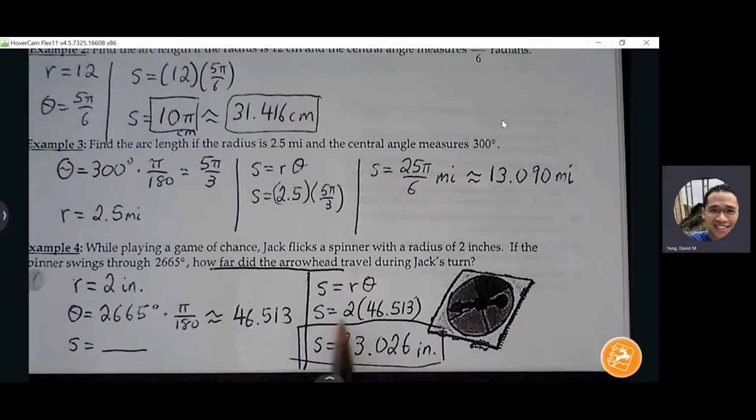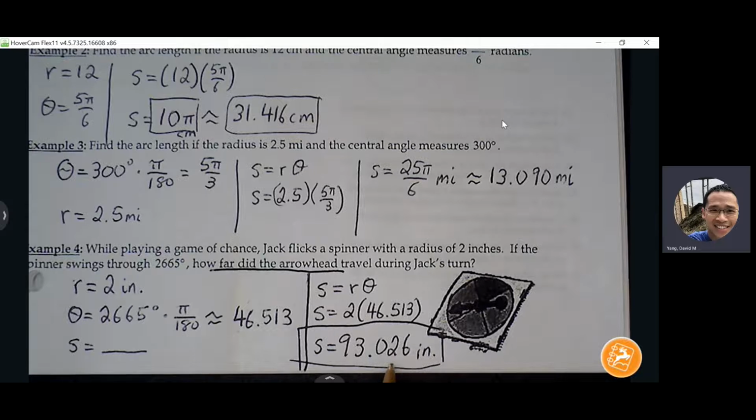What I did is fine, but if I ask you for the decimal version of it, you should multiply that pi back in and get that 93. Do whatever the problem says. If it says leave it in exact form, then you'll leave pi in the answer. But I think for this type of word problem, I'll ask you for a decimal version, and so you'll just multiply all out.